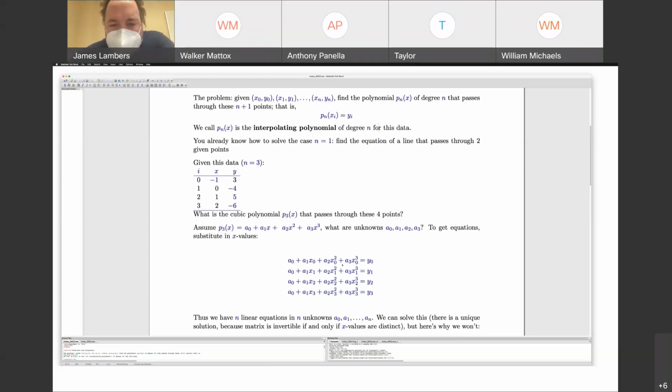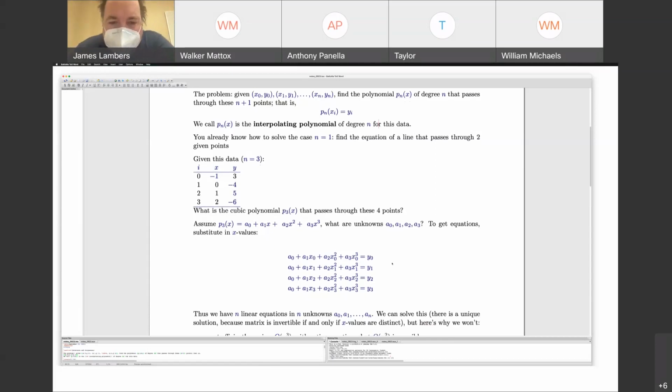So what we have here is a system of 4 linear equations in these 4 unknowns, A0, A1, A2, A3. We can just go ahead and solve that by whatever means, like what you learn about in Math 326. Gaussian elimination, or if you're in MATLAB, you can use backslash to solve it. In fact, for polynomial interpolation, that's what MATLAB's function polyfit actually does.